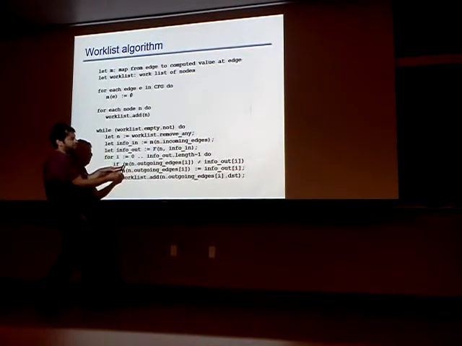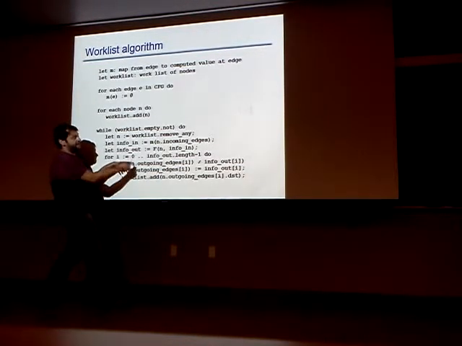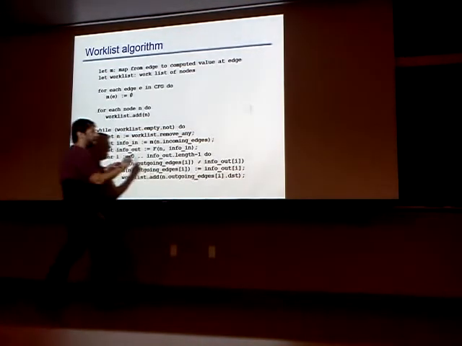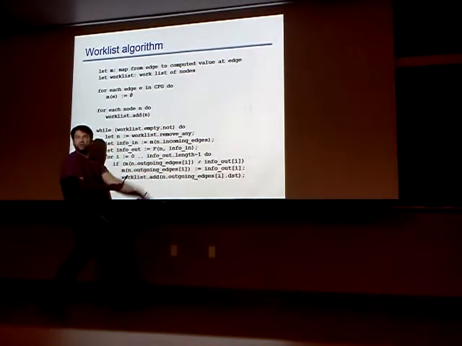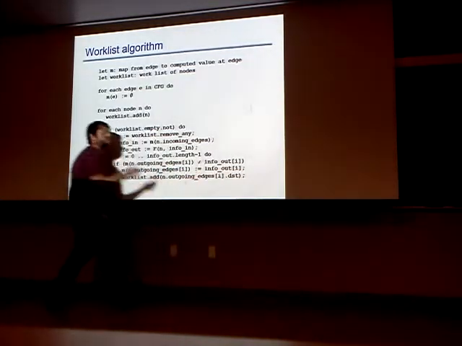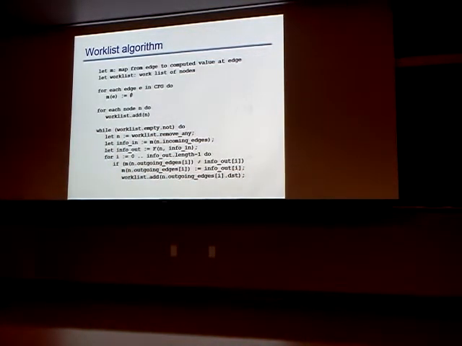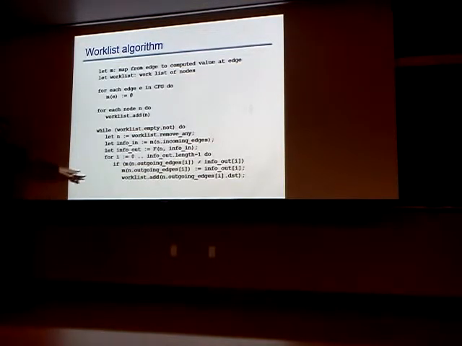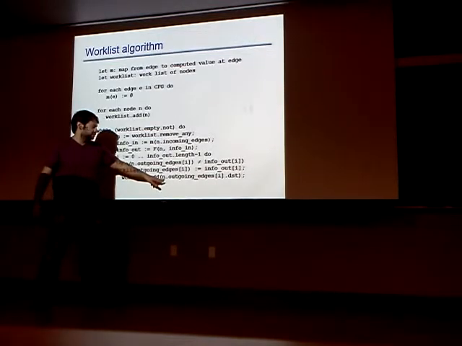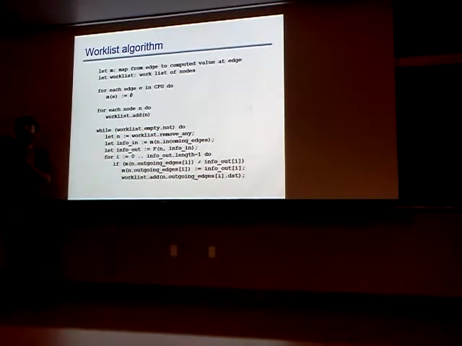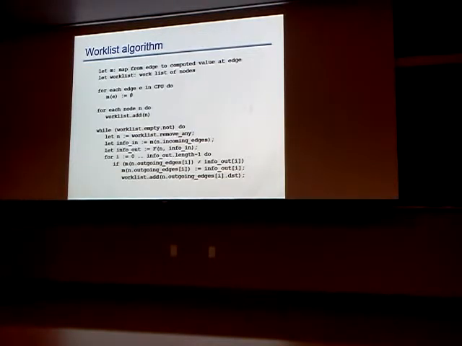So basically I'm looking up the information that I have for that ith edge in M, which is my current solution, and I'm comparing it to what I got from the flow function at that ith edge. And if they're different, then I update the information and I take the node that's on the other side of this edge, and I add it to the work list.